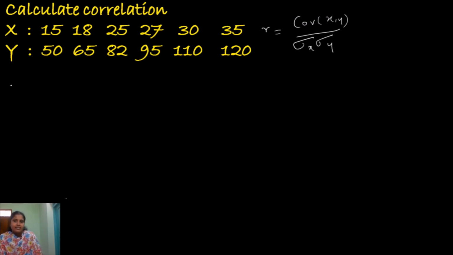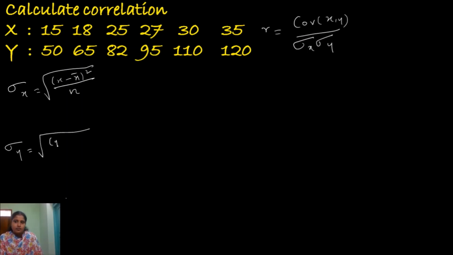To calculate the standard deviation of x, we make use of the formula square root of x minus x bar the whole square over n. And to calculate standard deviation of y, we make use of the formula square root of y minus y bar the whole square over n.